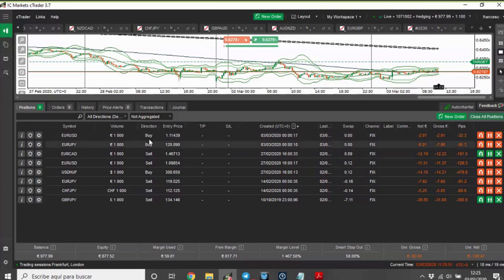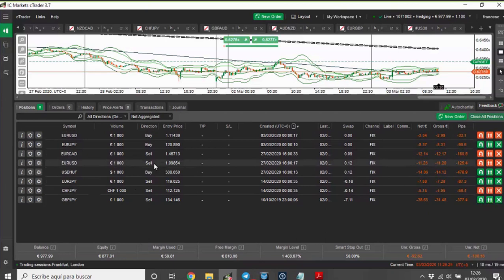From these 5 positions, 2 positions are long trades, long euro, and then we have 3 sell euro positions. That means if the euro is sold across the board, then we make money because we are net exposed. But since we are only 1K net exposed, because these 2 long positions offset the other short positions.